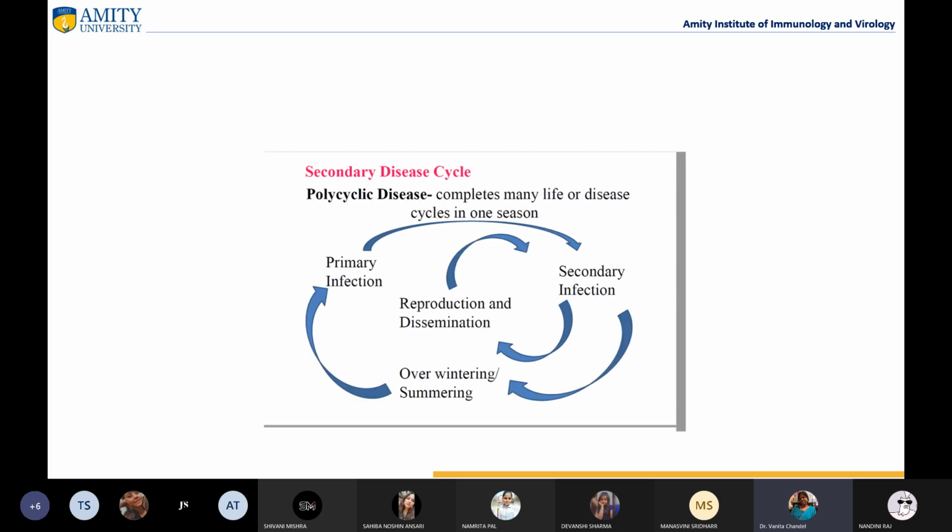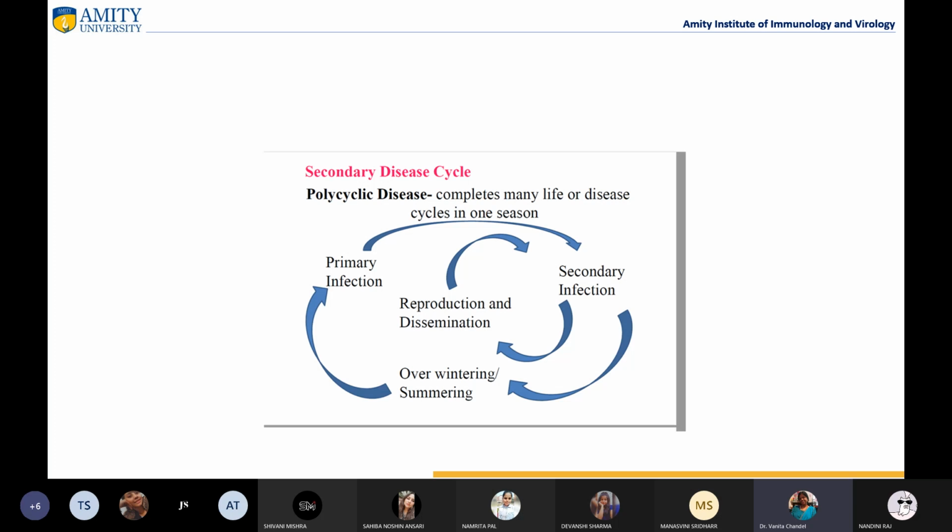Then there is the secondary disease cycle, or what we call polycyclic diseases. What does this mean? This means those pathogens which complete many life or disease cycles in one season, more than one cycle. In polycyclic diseases there is a primary infection, then a secondary infection.